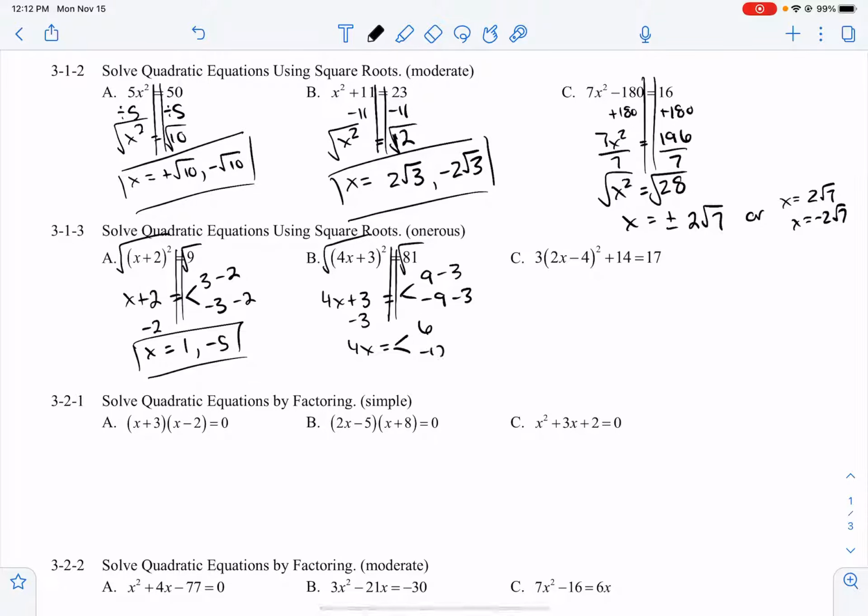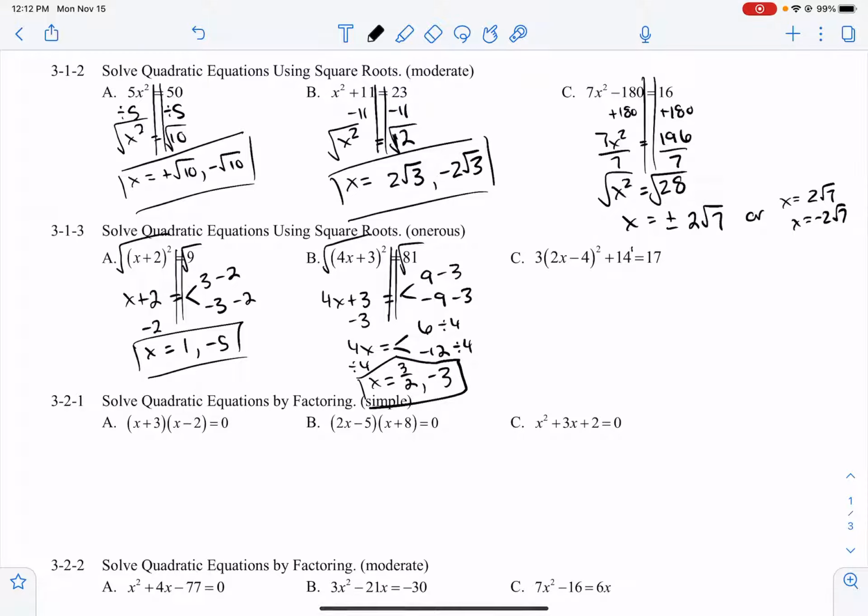Negative 9 minus 3 is negative 12. And to get x alone, I divide by 4, which means I have to divide both of those answers by 4. So x is going to equal 6 divided by 4 is 3/2. Negative 12 divided by 4 is negative 3. So my answers are 3/2 and x equals negative 3.